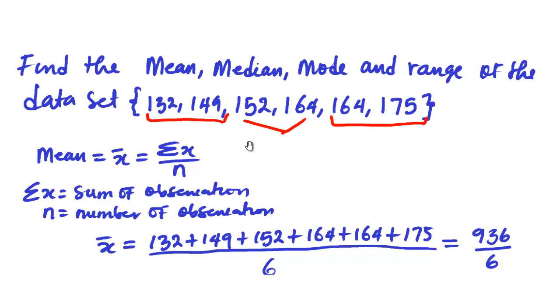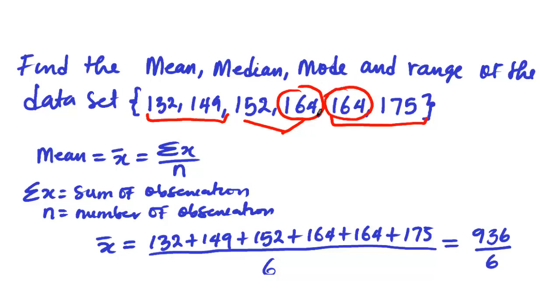Then we move on to the mode. The mode is the number that occurred the most. And thankfully, this data is not too large, so there's no need for us to create a frequency table for it. So which number appears the most? From what I'm seeing here, we have 164 here, and we also have another 164 here.